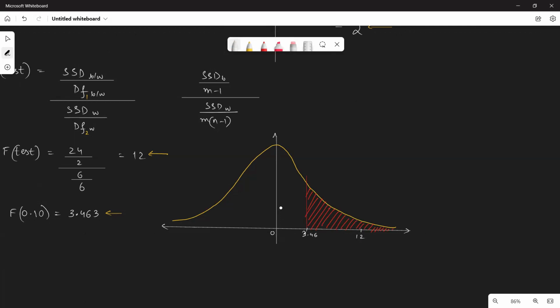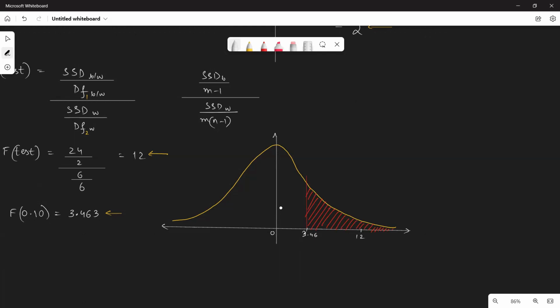No. We are not interested in the hypothesis value as such, whatever H naught value they have. The inference which we make is that because the F value is 12 and it lies inside the rejection region, whatever claim the schools are making is false, that is wrong.